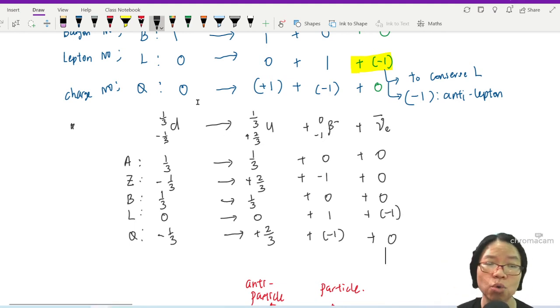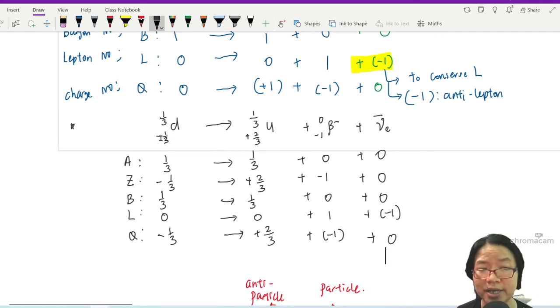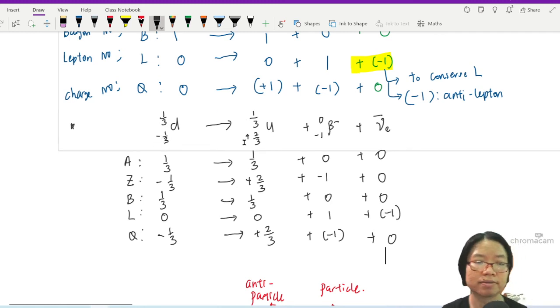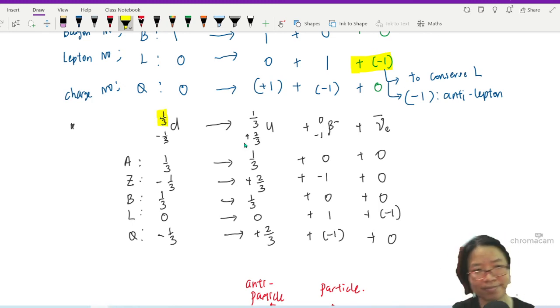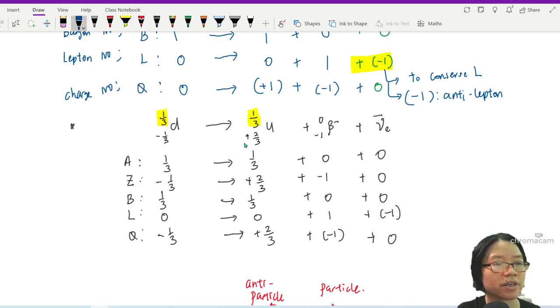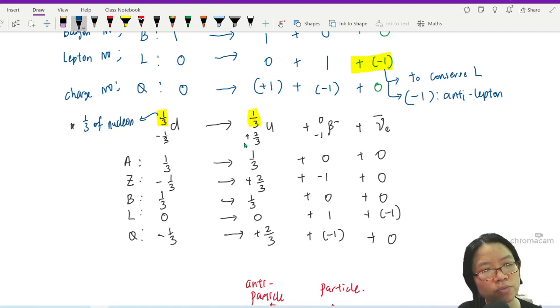Just know that the down part, okay, the proton number is negative 1/3. These are all 1/3 because it is 1/3 of a proton or 1/3 of a neutron. Okay. So I'll write this down. This one is 1/3 of neutron.